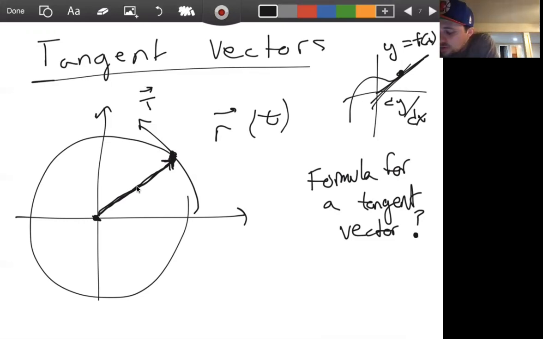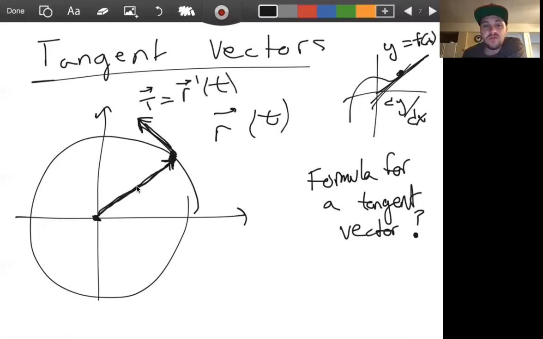And if that's 0, that means this is orthogonal to my previous vector, which makes it a tangent vector. So we can get a tangent vector by simply taking the derivative. Our derivative can be a tangent vector.